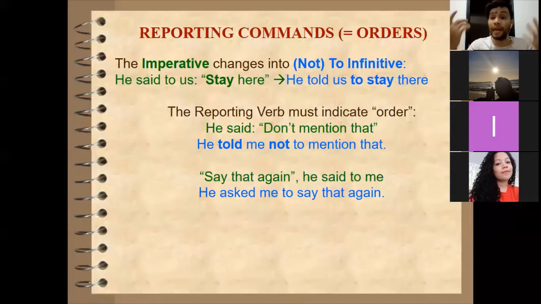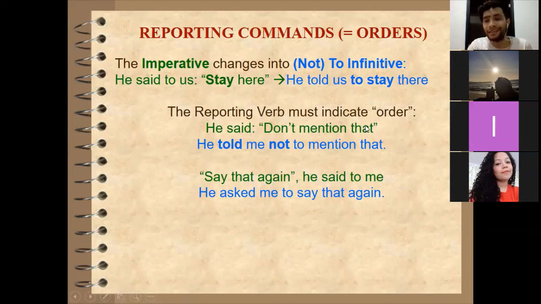Infinitive. Again, why infinitive? Because don't mention that is an order. Say that again. Another order. You say, repeat it again. Order, right? Here, he asked me to say that again. Él me pidió que dijera eso de nuevo.